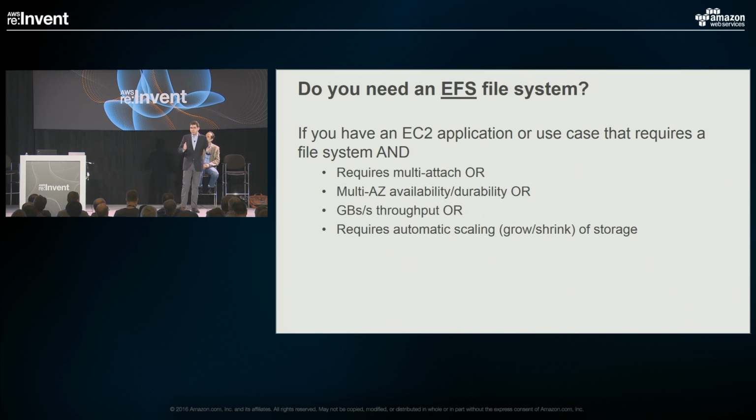If you go through that and you meet any of those, you should really consider EFS for your application. And we'll talk a little bit more later on about EFS and EBS and some of the differences for you to think about.